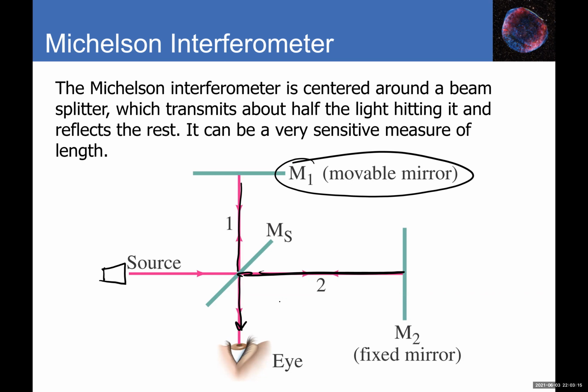Okay, but one thing we can have here is, because of that movable mirror, half the time we will see a constructive interference, the other time destructive interference, depending on the position of that movable mirror. Okay, and then it will allow us to get a precise measurement of the length. Again, this is something that we don't really look at in great detail, but an interesting application.